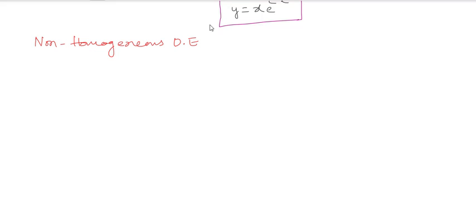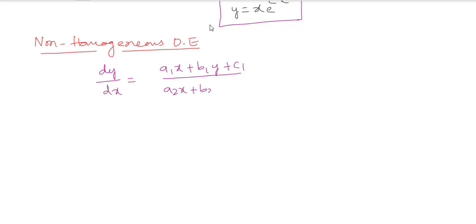Actually the non-homogeneous differential equation will be in the form dy by dx is equivalent to a1x plus b1y plus c1 divided by a2x plus b2y plus c2. This is the non-homogeneous differential equation.